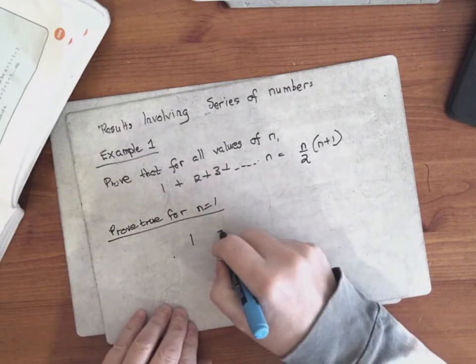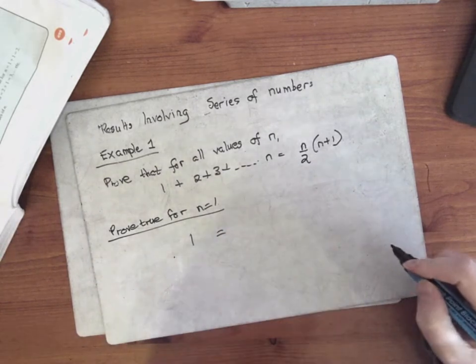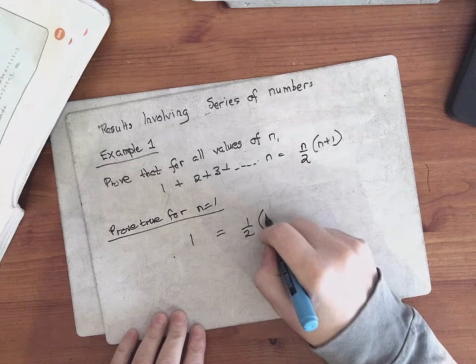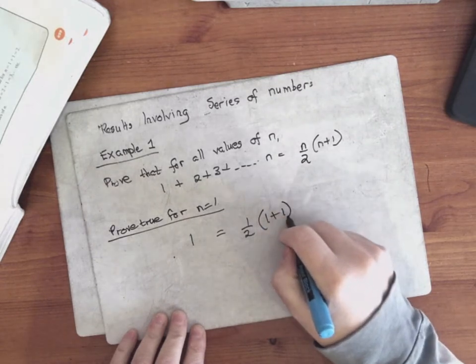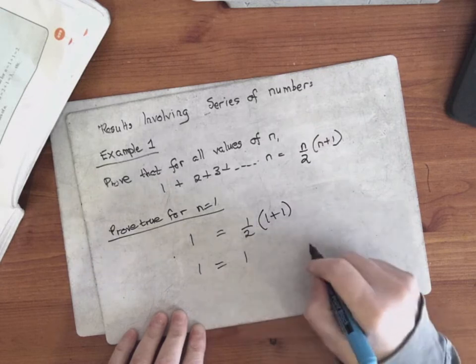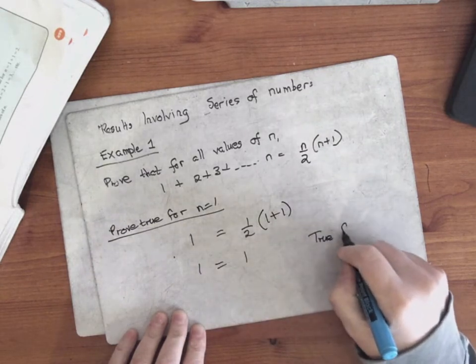On the right hand side, everywhere you see an n, stick in a 1. So it's 1 over 2 times 1 plus 1. That means 1 is equal to a half of 2, which is 1. So that is true for n equals 1.